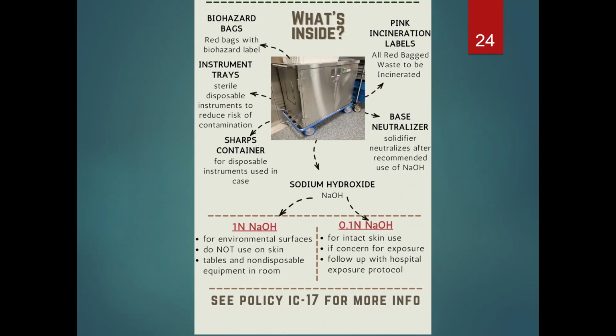As we discussed earlier, in order to prevent the transmission of prion diseases to another patient from contaminated items and equipment, there are some supplies that we will need to obtain prior to the start of the case. The main contents of the CJD cart will include red biohazard bags, biohazard sharps containers, pink labels to mark the biohazard waste for incineration.